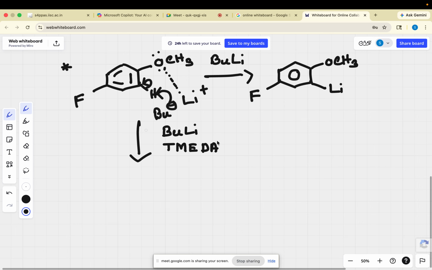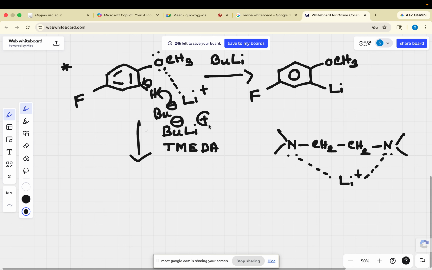TMEDA means tetramethyl ethylene diamine, this structure. TMEDA will now chelate the lithium plus, and butyl minus is free.